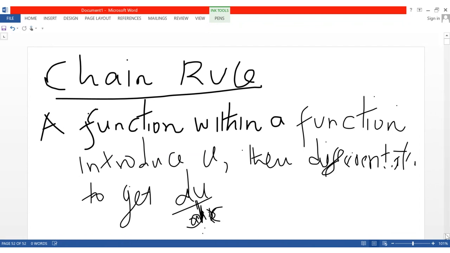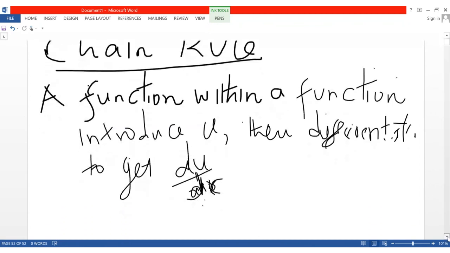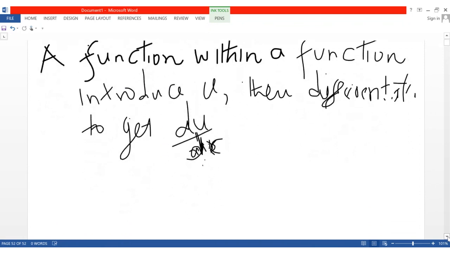And basically the y now will change because we are introducing a u basically to replace a function. So y will be in terms of what? U. Again, here we differentiate, we shall get dy all over du.